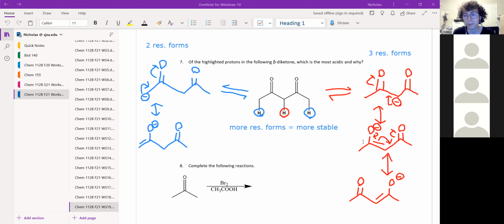So the red one is more stable because it has more resonance forms. It's a weaker base, which means the acid was stronger than the other one. So this is the most acidic proton, because the base from that one is weaker than the other two.